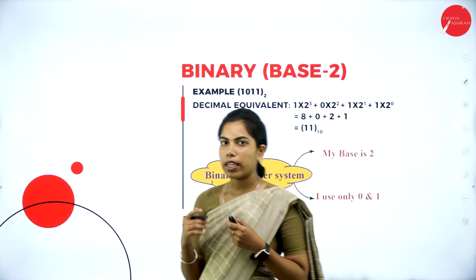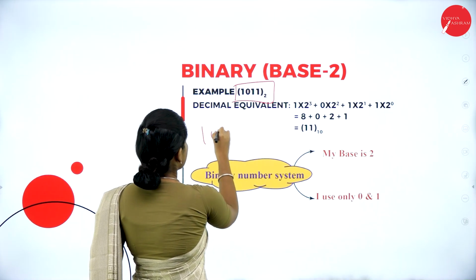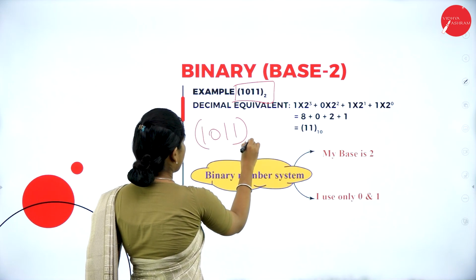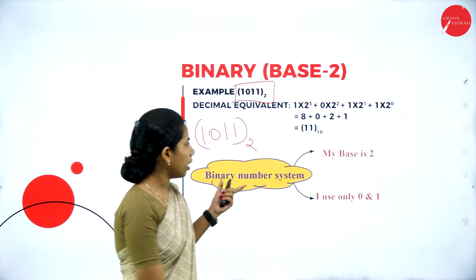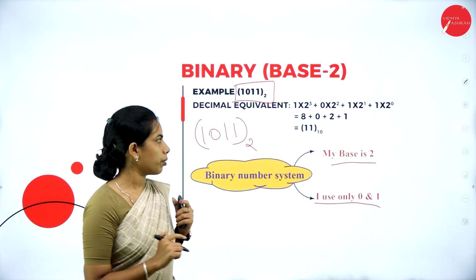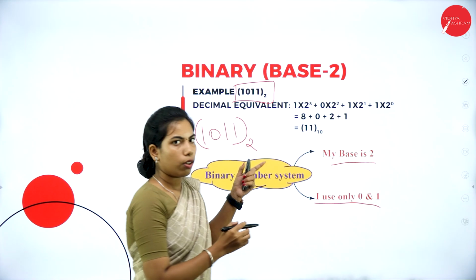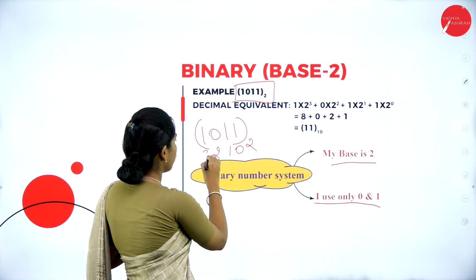Here is one example of the binary number system again. I take an example like 1011 with the base value 2, right? It uses only base value 2 and only the digits 0 and 1. I already told you about the 0th position, 1st position, 2nd and 3rd position.